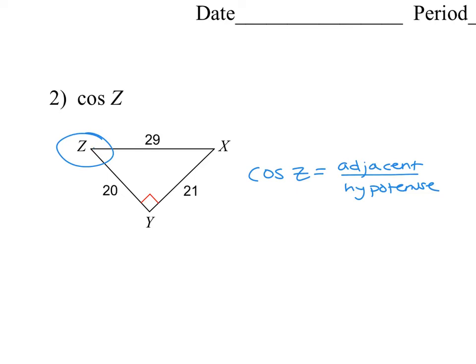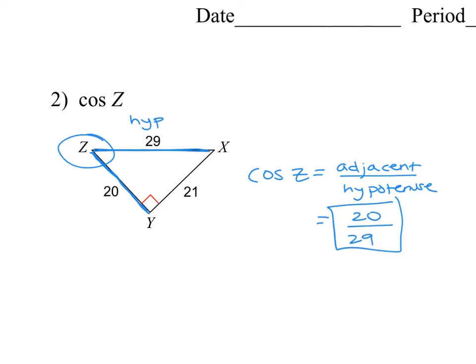I know that the side that's across from the right angle is the hypotenuse, so that makes my hypotenuse 29. And then adjacent means next to, so that's the other side that is next to my angle Z. That's 20, my adjacent side. And 20 over 29 does not reduce, so that is my cosine of Z.